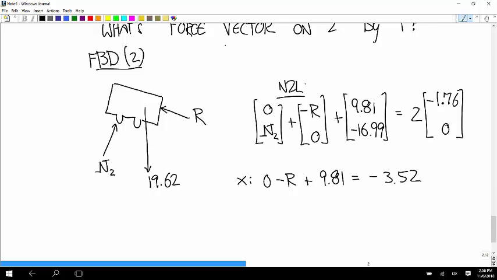Yeah, these R values are always going to be positive because we always know the direction of the force going into it. I guess the best way to think about it is you put a negative in because if you go back to this, this is the force vector on the 2 by the 1.